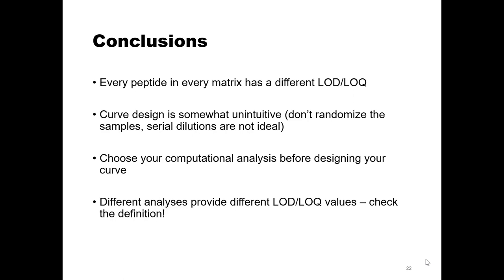So if you require 3 replicates in your blank because you're trying to calculate the variance of the blank, that's something to think about before you design your curve and only have 1 blank replicate. And then finally, all of these different models have slightly different definitions for what LOD and LOQ is. So just be aware of that and know when to acknowledge what your definition of LOD and LOQ was. Are there any more questions?